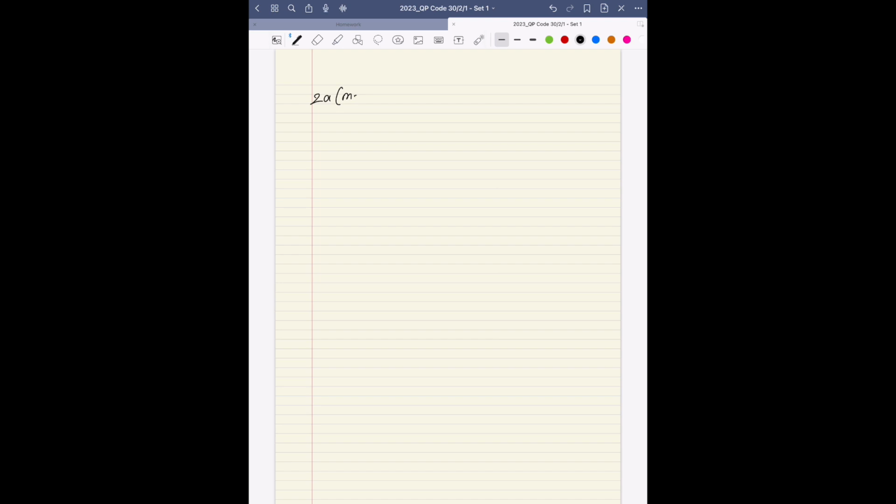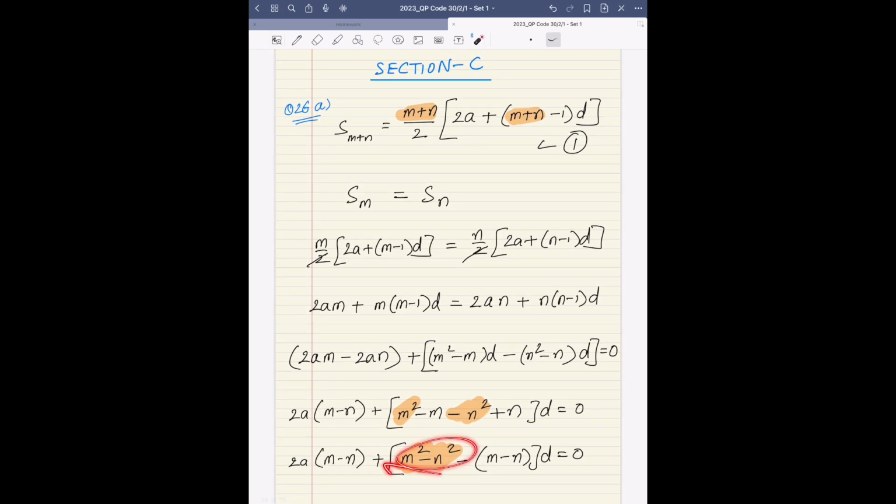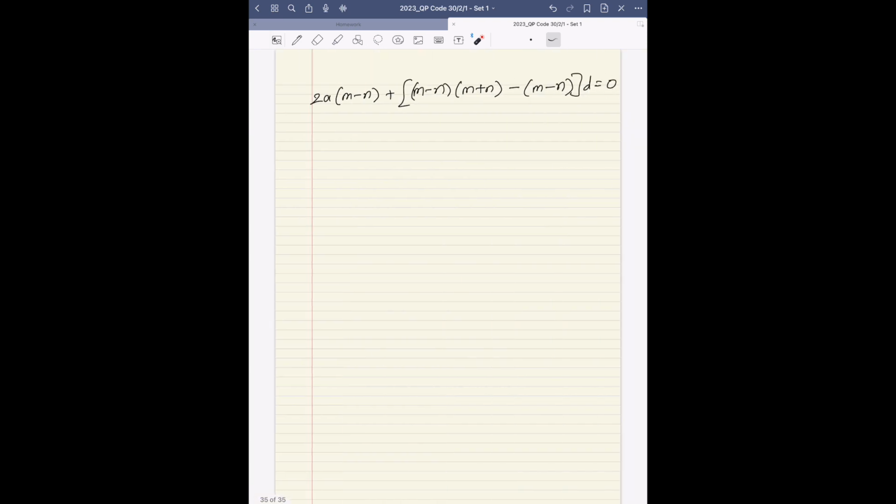2a m minus n plus m square minus n square becomes m minus n bracket m plus n minus m minus n. D is equal to 0. So I've just opened this formula, a square minus b square. Now if you see, m minus n is here, m minus n is here, m minus n is here.